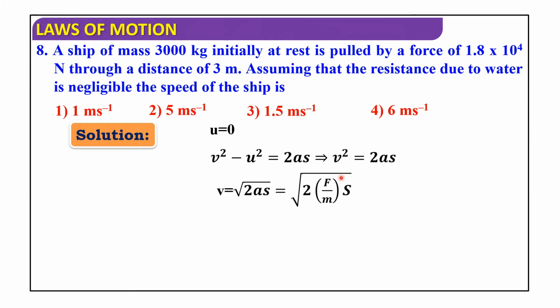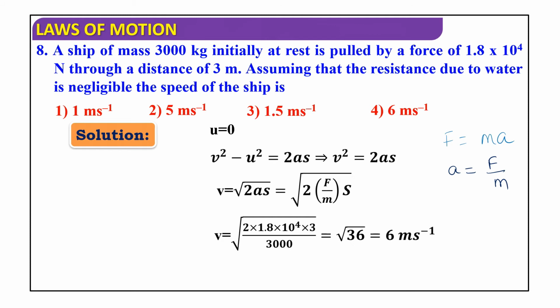So v = square root of 2as. Here a is acceleration, so a can be written as F by m. From Newton's second law of motion, F = ma, or a = F by m. So in place of a we are writing F by m.